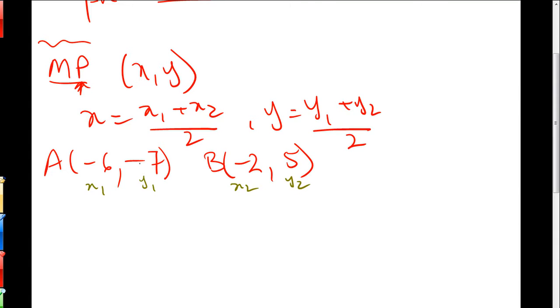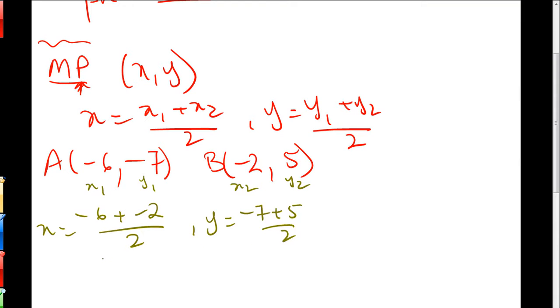There you go. Alright, so you're going to add x1 and x2, so minus 6 plus minus 2, all over 2. That's what x equals, and then y equals minus 7 plus 5 over 2. Minus 6 plus minus 2 is minus 8, over 2 is minus 4. Y is minus 2 over 2, which is minus 1. And that's your midpoint. Easy stuff, right?